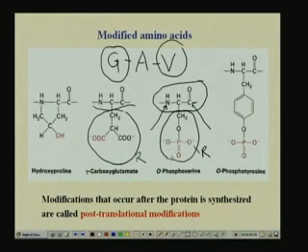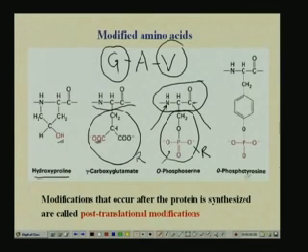So what are the modified ones that we could have? There are others, but these are the common ones. We can have hydroxyproline, in which our hydroxy is attached here. We can have carboxyglutamate, where the carboxy is attached here. We can have phosphoserine, where the phosphate group is attached instead of the OH.